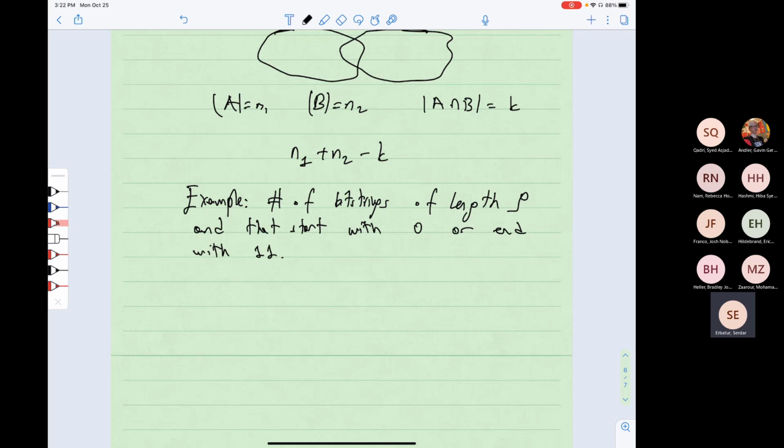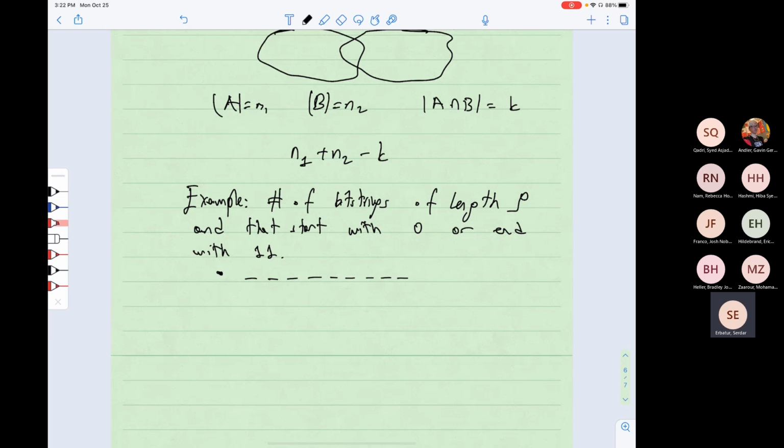Make sense? So first, we are going to consider the number of strings that start with 0, for instance, of length 9.